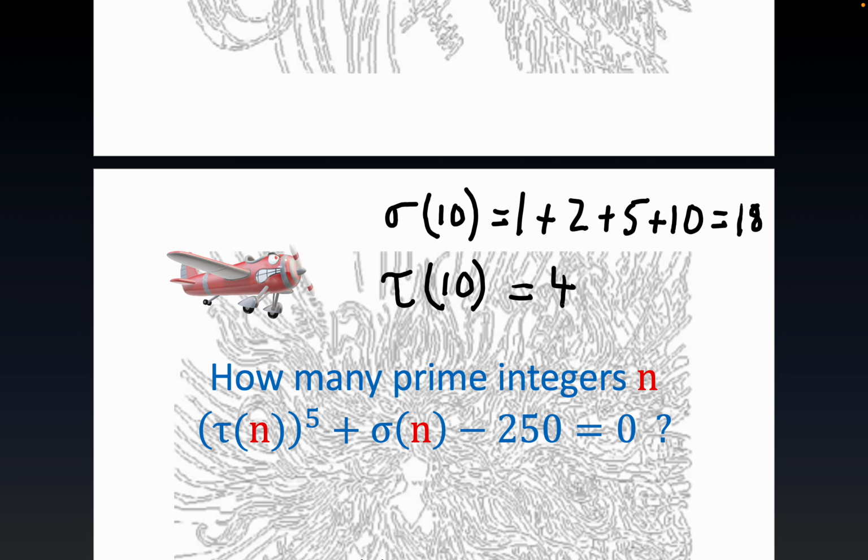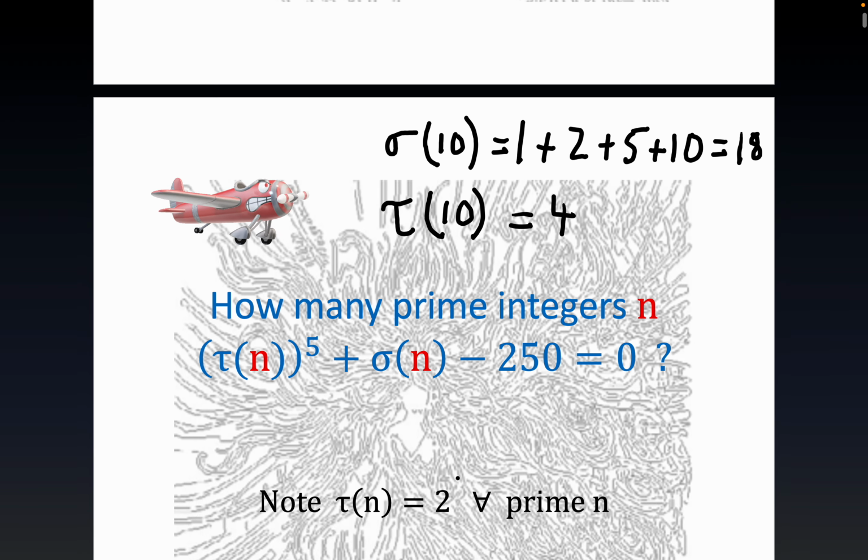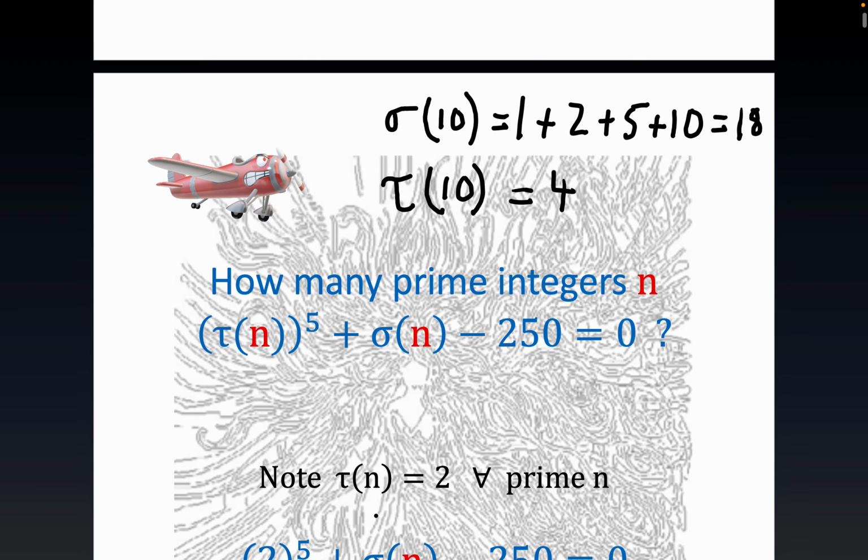Now what we have right here is an equation that involves both of them. A lot of you who are familiar with this will know that there's going to be at most one answer here, and you'll see why as this goes along. Now, tau at n for all prime n is always equal to 2, and that's literally how a prime number is defined.